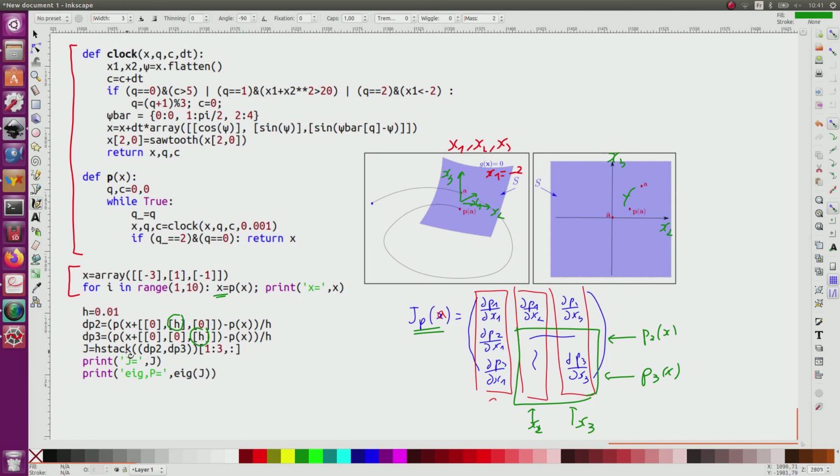Then I will form this matrix. I will compute the eigenvalues here, and I will check the value of the eigenvalues to conclude about the stability.